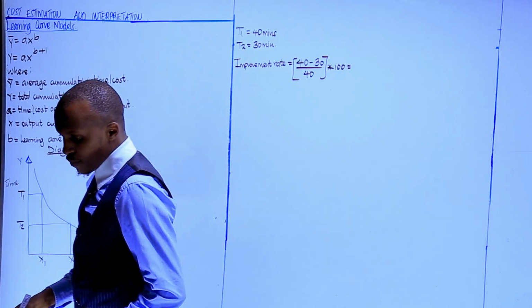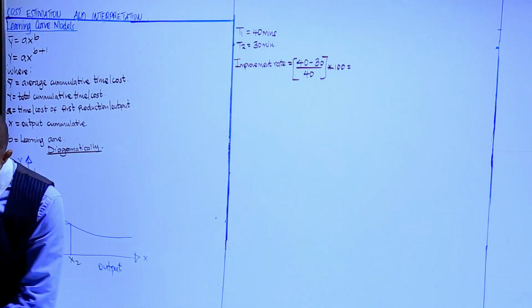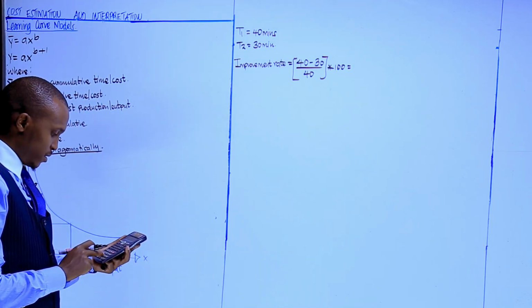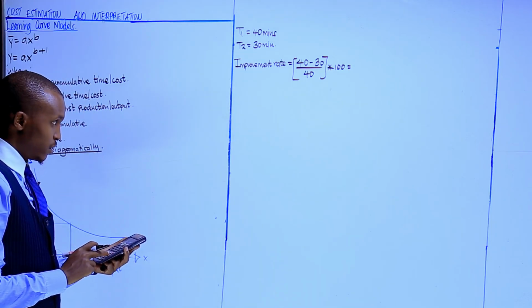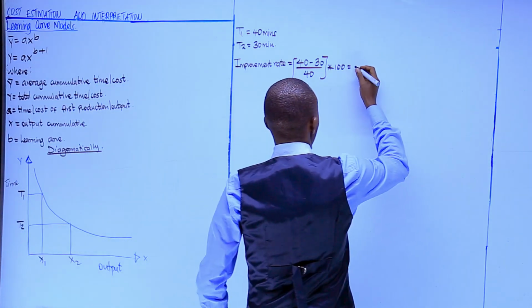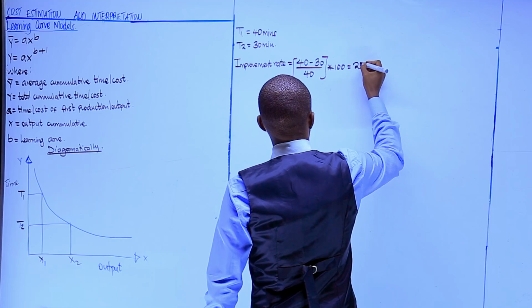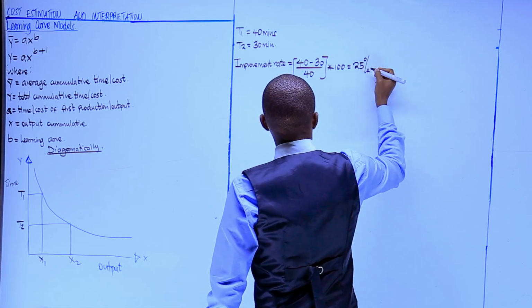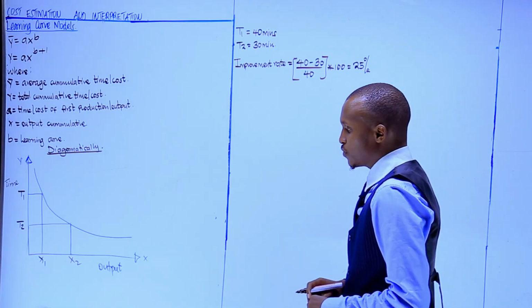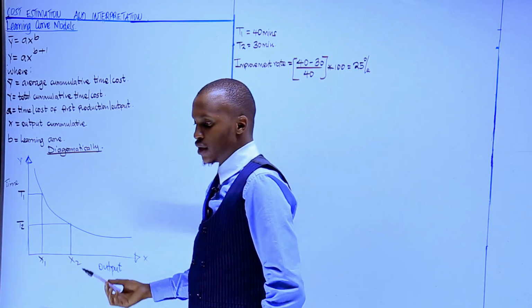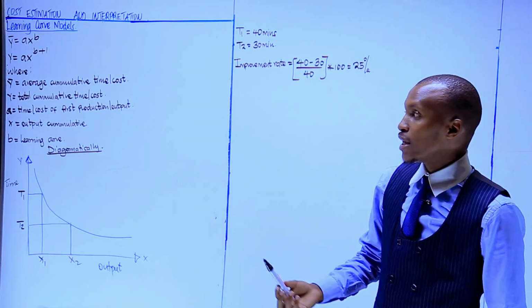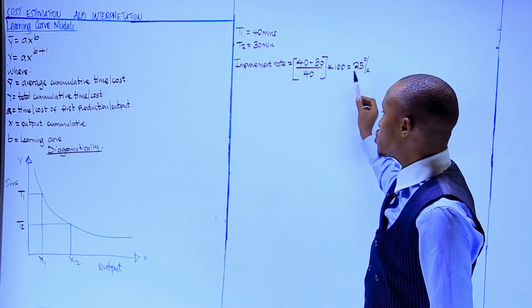Therefore your improvement rate is 25%. So production of the second unit has improved by 25%.